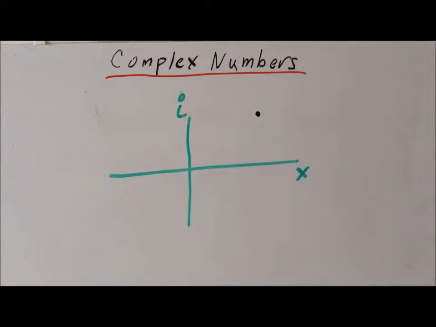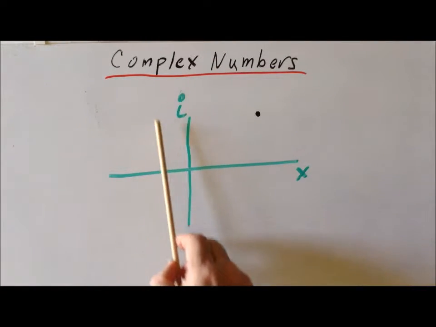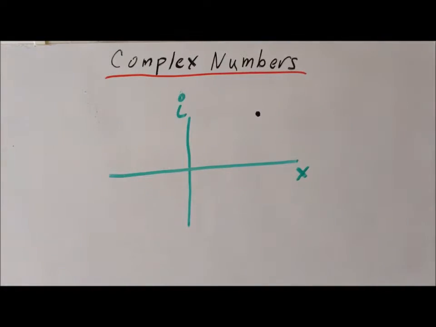The one thing which is a little different from the two-dimensional graphs with which you are probably familiar, the horizontal axis we are labeling x, so you're probably familiar with that, but we're going to label the vertical axis as I. So we call this the imaginary axis.